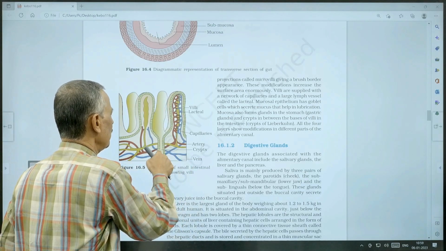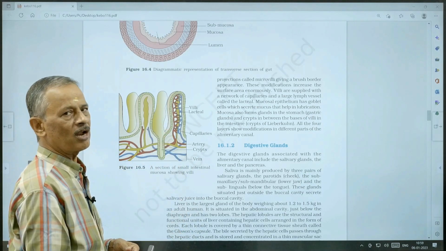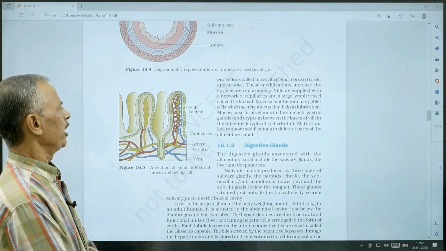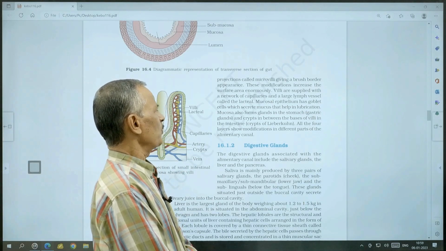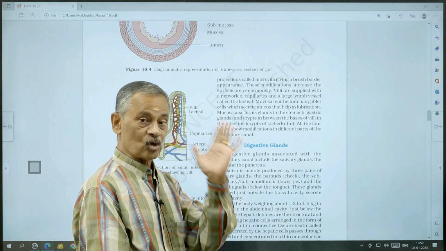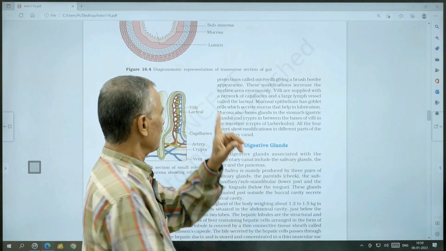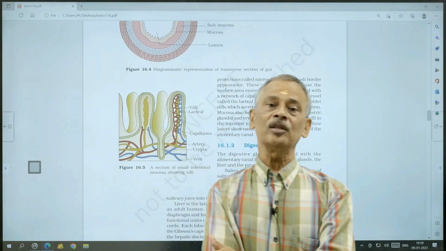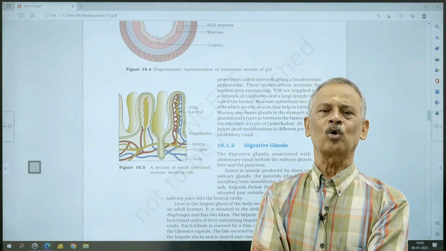Between two villi, you have a small tubular structure called the crypt of Lieberkühn. The crypts of Lieberkühn are the intestinal glands. So in the stomach, you have gastric glands, and in the intestine, you have the intestinal glands, which are modifications of the mucosa layer.